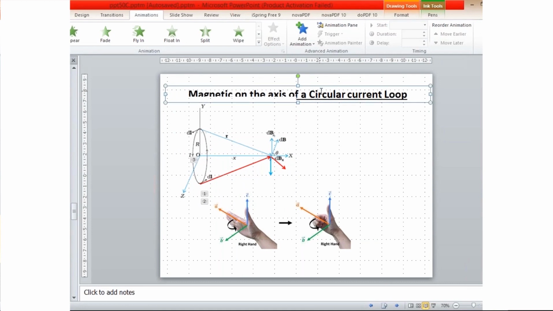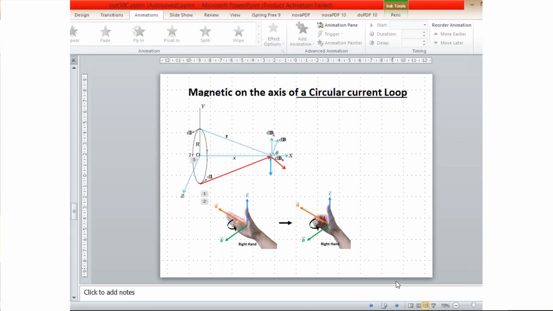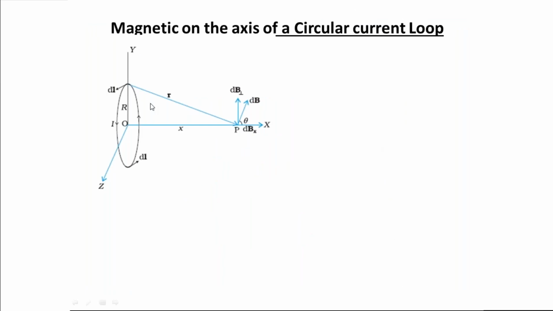So we have to apply Biot-Savart's law to calculate the magnetic field for a current carrying loop. You can see the figure, a circular current carrying loop. If this is a wire, this is not called a loop.